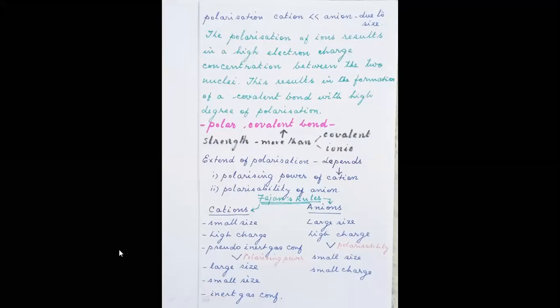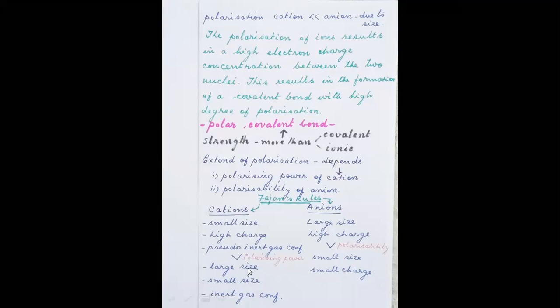And when the size is small and the charge is high, they have high polarizing power. And when you compare the polarizing power, the pseudo inert gas configuration will have more polarizing power compared to large size and small charge, and the inert gas configuration.